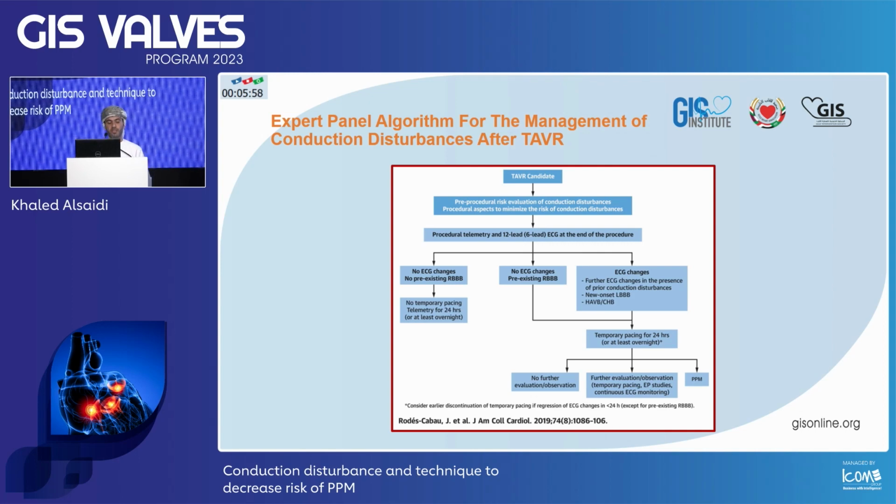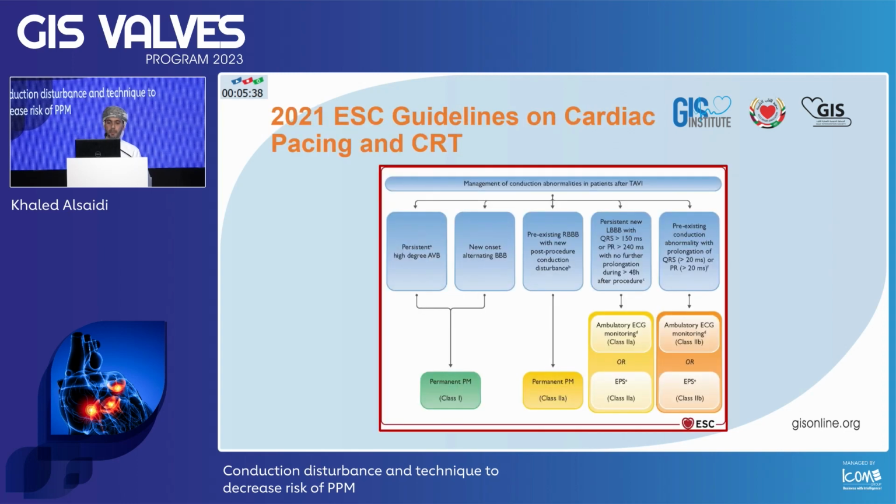For patients who are having some changes or pre-existing right bundle branch block, temporary pacing for at least 24 hours or overnight. And then you have to decide what you want to do. More observation, you go with pacemaker, or you do some electrophysiology study.